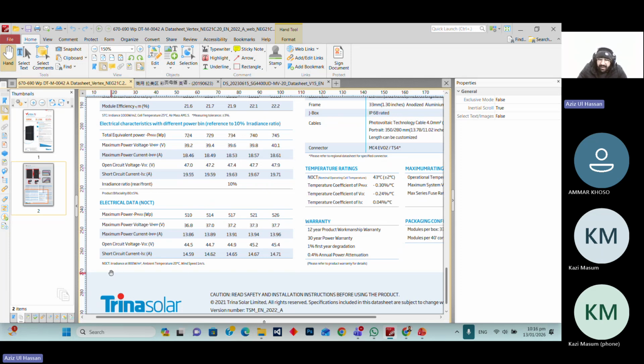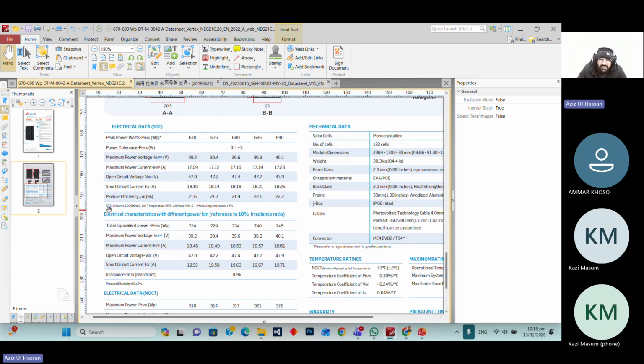They have just mentioned that when calculating these values, the irradiance should be 800 watt per meter squared and the ambient temperature 20 degrees centigrade. But the standard STC condition is irradiance 1000, cell temperature 25 degrees, and air mass 1.5, with a measuring tolerance of plus minus 3% in the power.